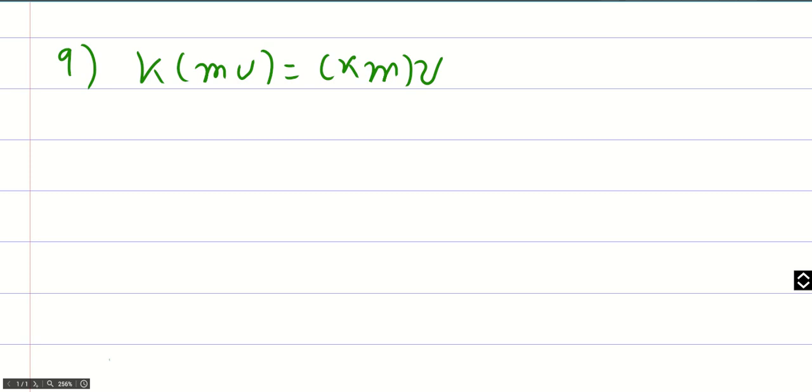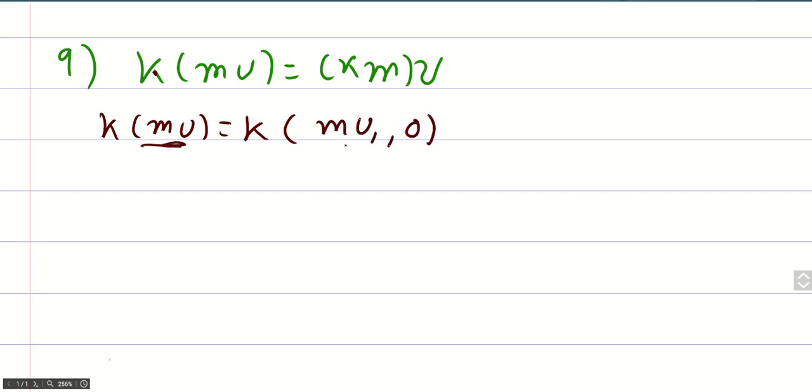The last axiom that we need to check for this exercise is this kind of associativity property. So k(mu) is equal to k times (m u1, 0), because it's this scalar multiplication, and then we multiply again, so we have (k m u1, 0).